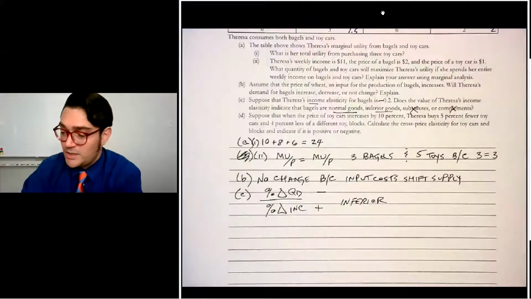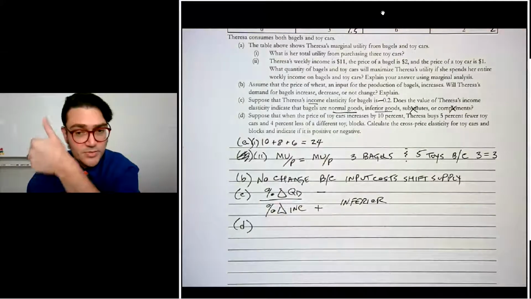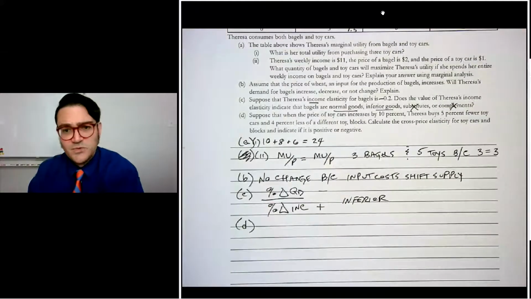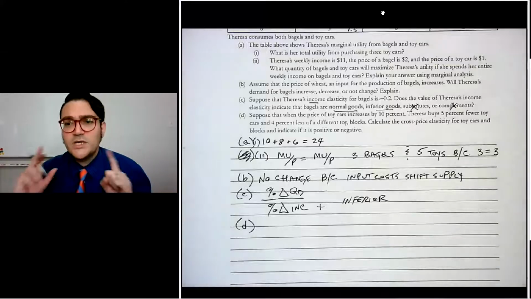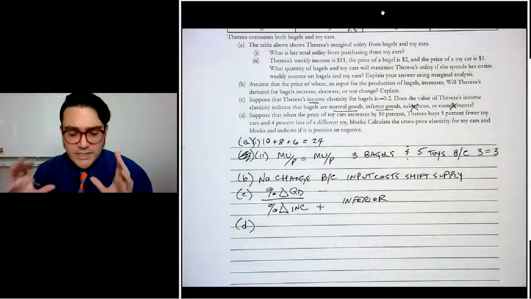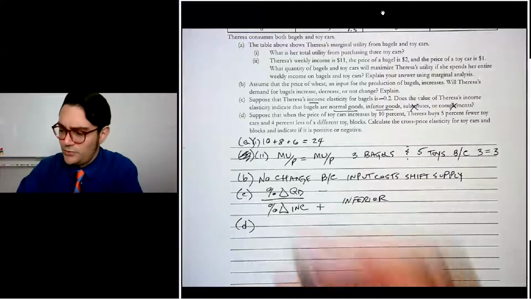Inferior. Part D says, suppose that when the price of toy cars goes up 10%, Teresa buys 5% fewer cars and 4% fewer toy blocks. Calculate cross-price elasticity for cars and blocks. Okay, so students sometimes are like, I've got 3 numbers and I only need 2, right?